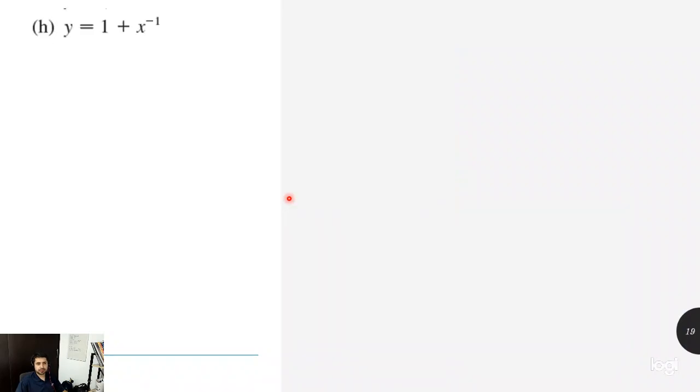The other one is y equal to 1 plus x elevated to minus 1. The first thing I did to understand this a little better is write 1 over x, because x elevated to a negative number goes to the denominator as a positive exponent. So x definitely cannot be 0.